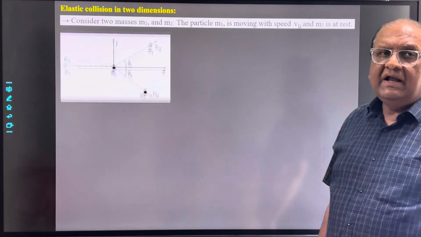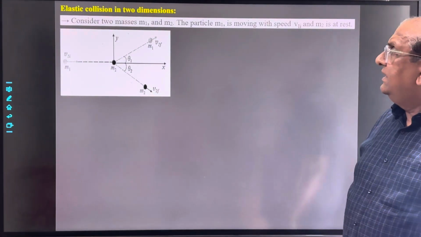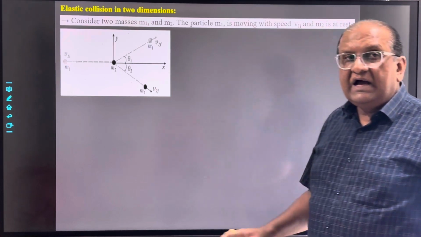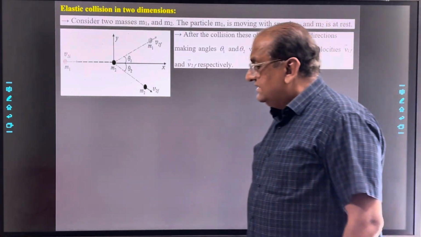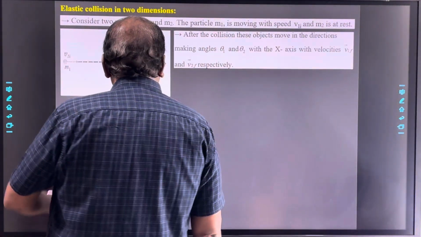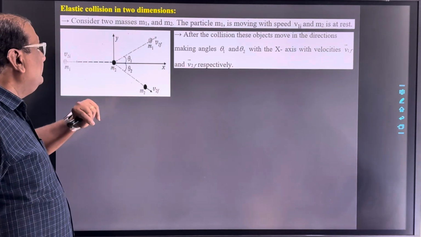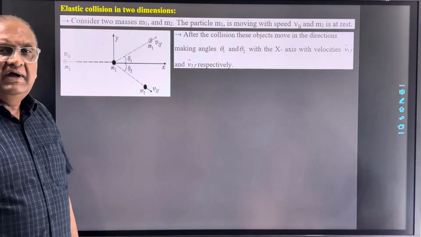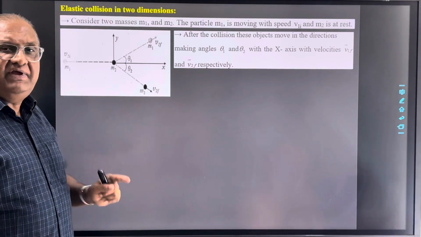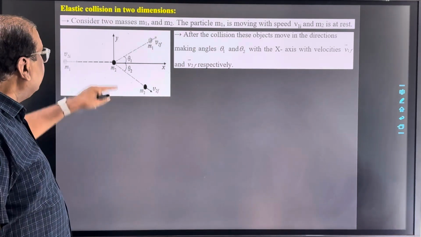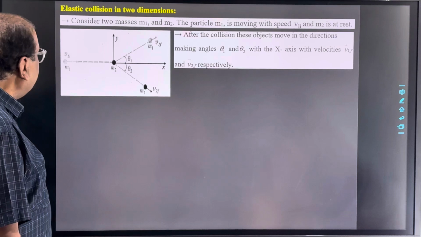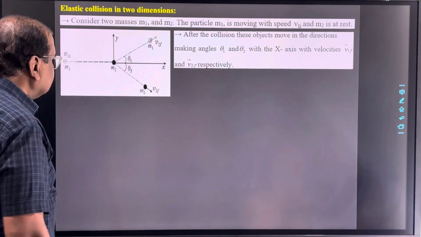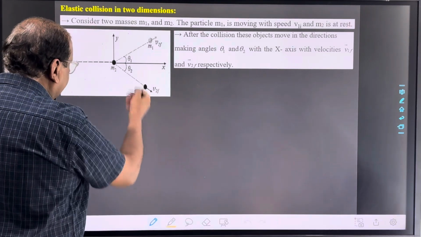Now mass m1 collides with mass m2, and after collision, suppose the velocity of mass m1 is v1f and of mass m2 is v2f, and both masses are moving in directions making angles theta 1 and theta 2 with respect to the x-axis, as shown in the figure.